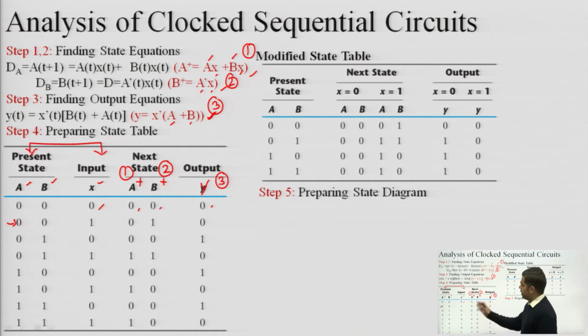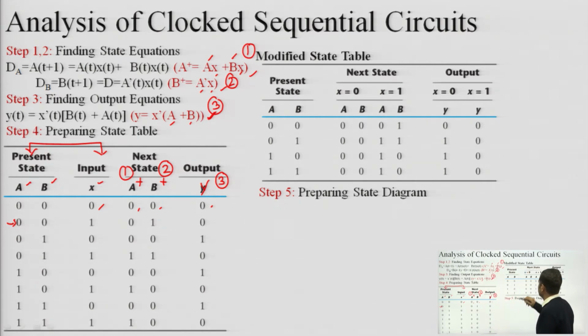So we have to feed these values into equations 1, 2 and 3 and find the values, and this will provide me the state table for this circuit. So once this state table has been prepared using these values, we have to check that we can modify this state table slightly. Although we can proceed further without modifying the table, we can modify it.